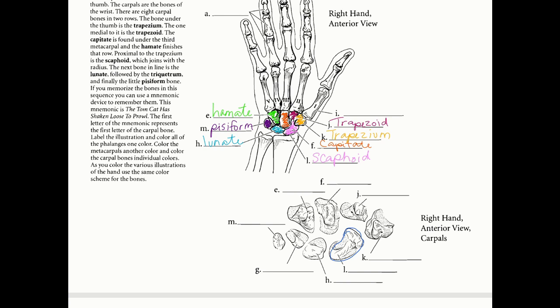Okay, the scaphoid is going to be the more proximal of the carpals that are on the thumb side. All right. And so scaphoid starts with S, which is where we're going to get the word straight. Next we have the lunate.